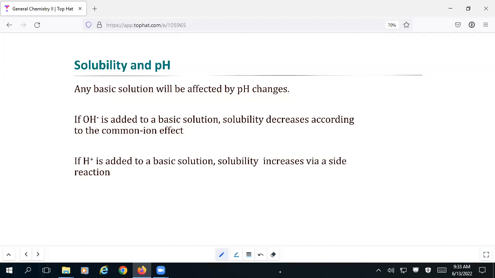So basic solutions are going to find their way into being pH sensitive. And so the solubility at pH 7 is going to be different than the solubility at pH 10 or pH 5 or pH 2.